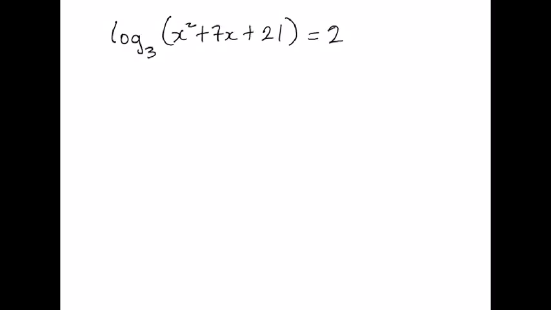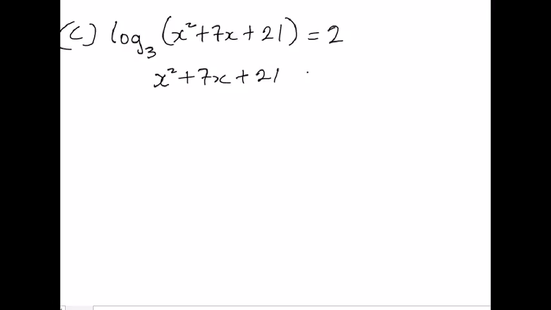Question number C. C part of the question. We have log base 3 into bracket x squared plus 7x plus 21 bracket equals 2. So as usual, we have x squared plus 7x plus 21, everything equals, this is the base, 3 as the base.